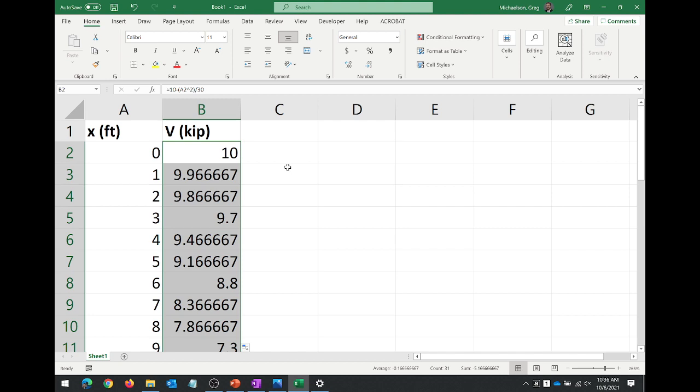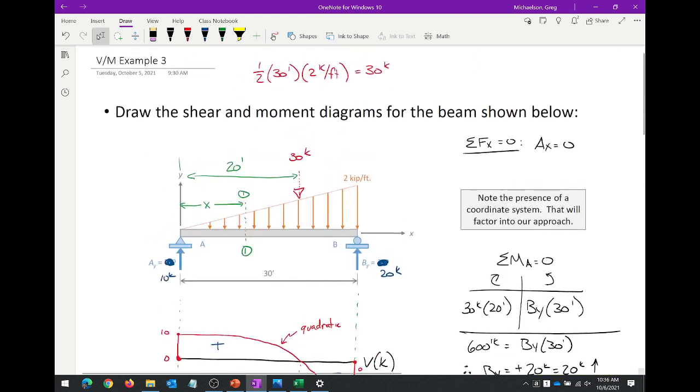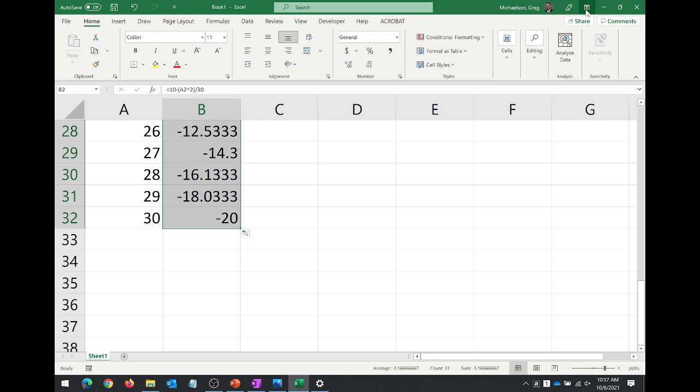And you get a bunch of numbers. Do those numbers make sense? Well, what do we get at the bottom? Negative 20. What did our shear diagram look like? I seem to remember that it would start at 10 and go to negative 20. That's just a coincidence. Let's see if it actually looks right.